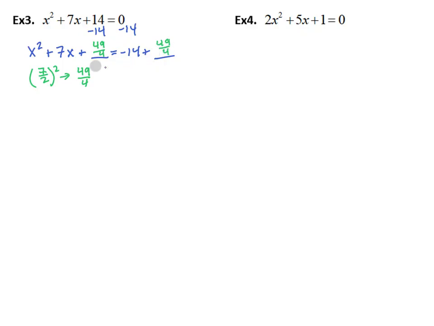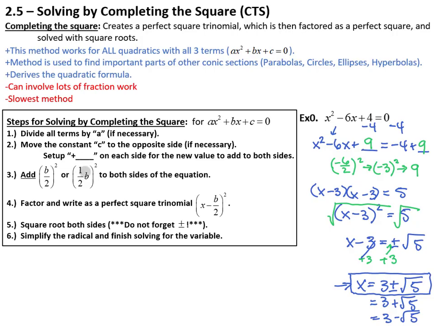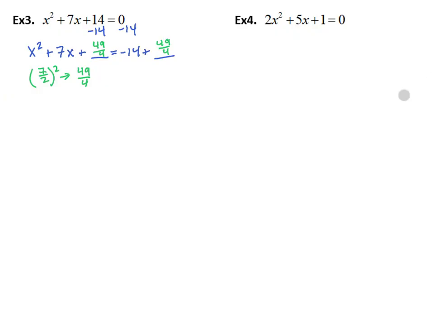And you're probably thinking, yeah, Mr. P, I don't know how on earth I am going to factor this thing as a perfect square. I mean, what do I do with that fraction at the end? Seems impossible. And this is where, if we were to go back and look at the beginning, I said, hey, it always factors as x, technically plus or minus, half of b before we squared it.